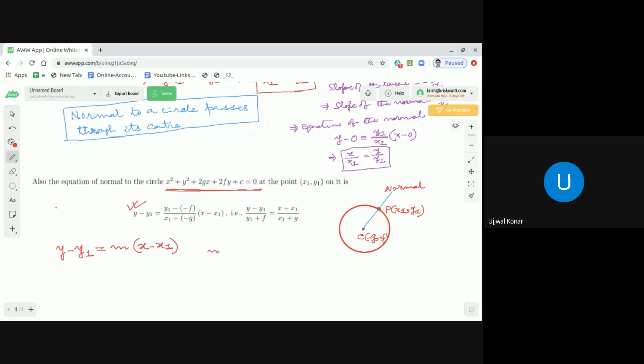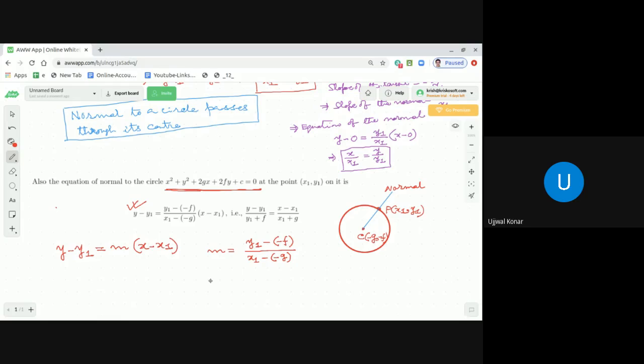But we can easily find the value of m. How can we find the value of m? We can find it because that straight line passes through both the points x1 comma y1 and minus g comma minus f. So what will be the slope of that line CP? That should be y1 minus of minus f, because that is the difference of the y coordinates, divided by x1 minus of minus g, the difference of their x coordinates.